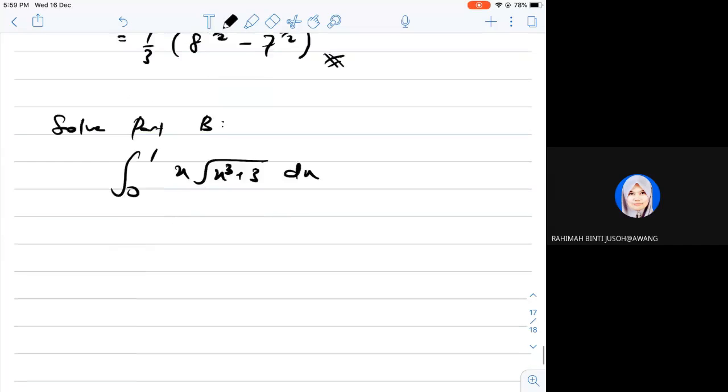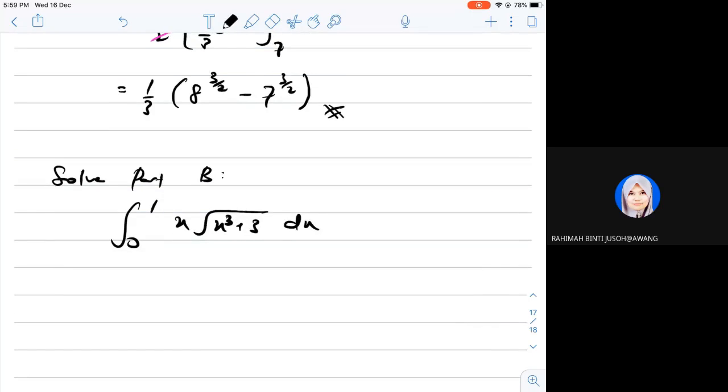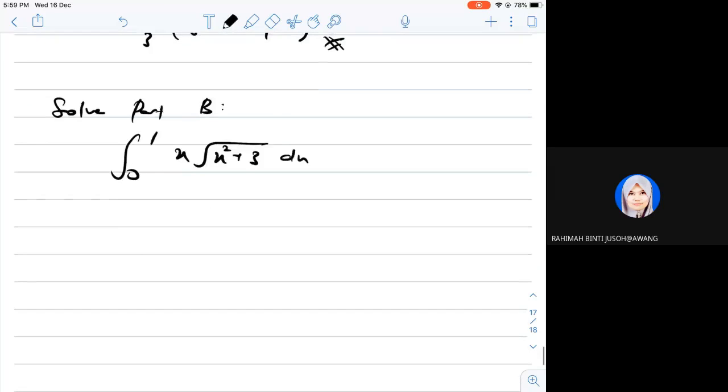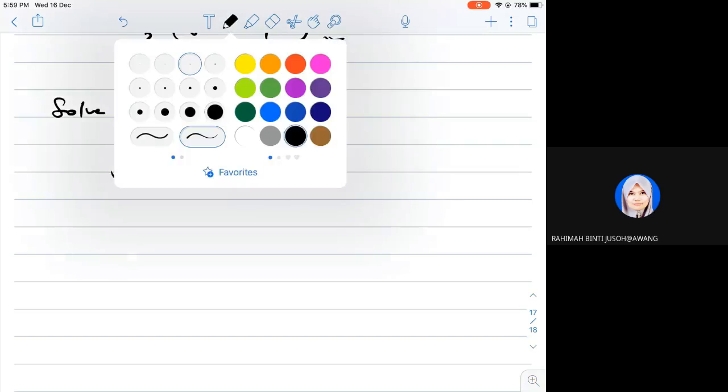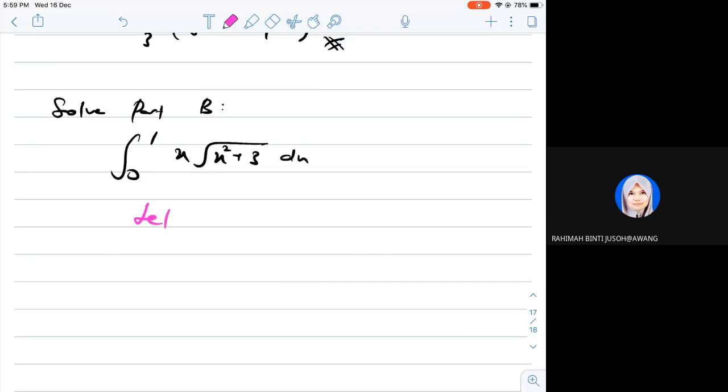So what should we do here? x cubed. This, I made a mistake. x squared plus 3 dx. Yes, correct. We need to substitute again. So substitute once more. We let u equals what? x squared plus 3.